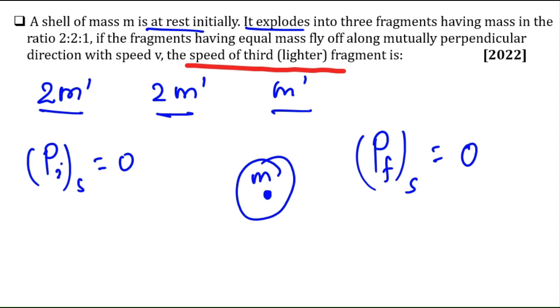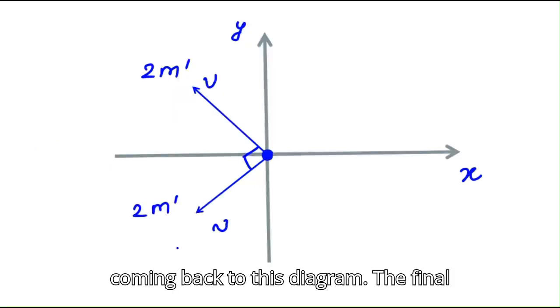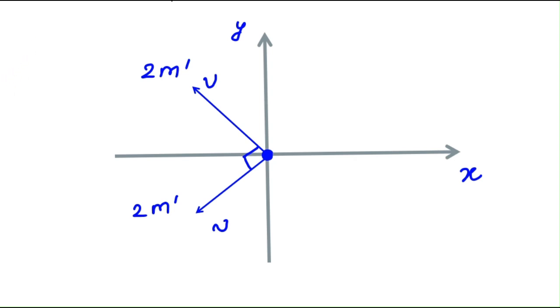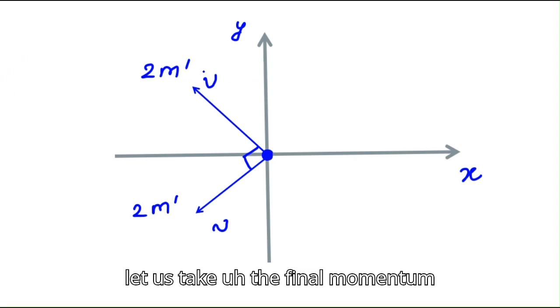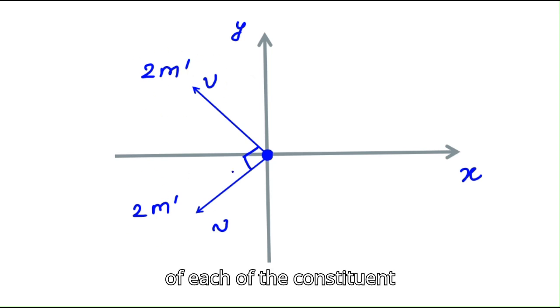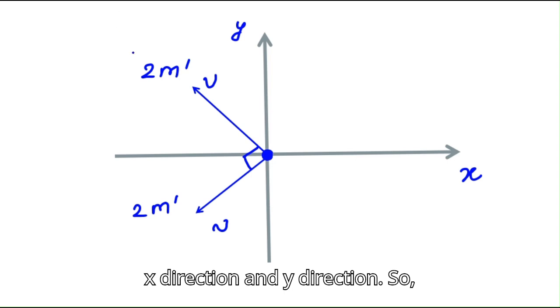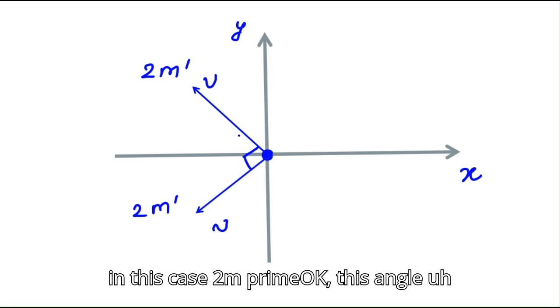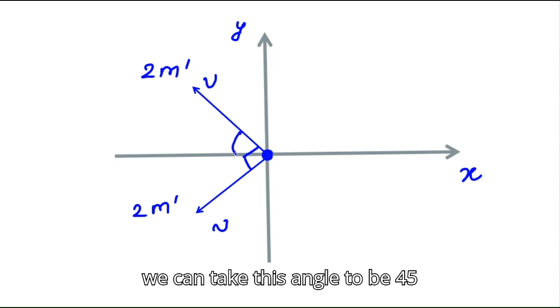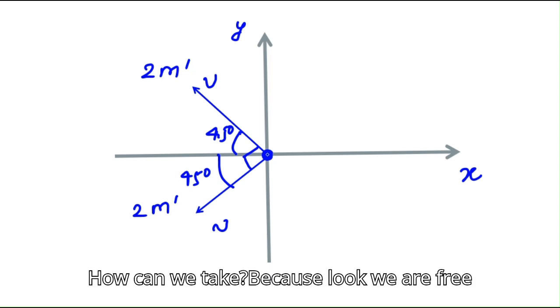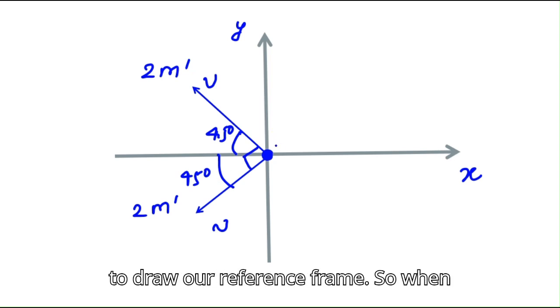So coming back to this diagram, the final momentum should be zero. Let's take the final momentum of each of the constituents and resolve it into components along the x direction and y direction. In this case, 2m prime. Okay, we can take this angle to be 45 degrees and this angle to be 45 degrees. How can we take that? Because we are free to draw our reference frame.